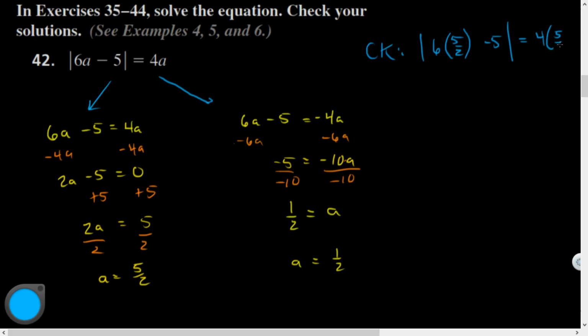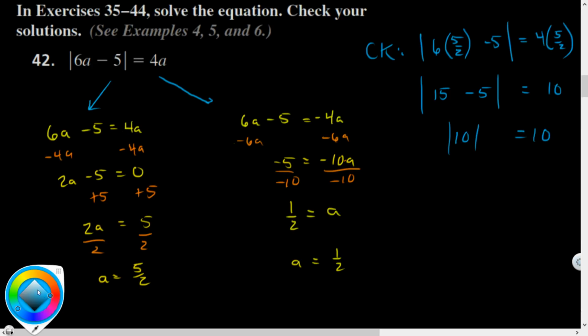Here we go. 6 divided by 2 is 3. 3 times 5 is 15 minus 5. Is that equal to 4 divided by 2, which is 2, and 2 times 5 is 10? This is looking good. The absolute value of 10 is equal to 10. True.